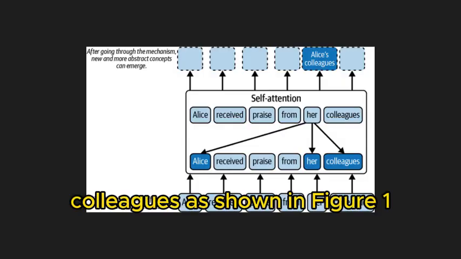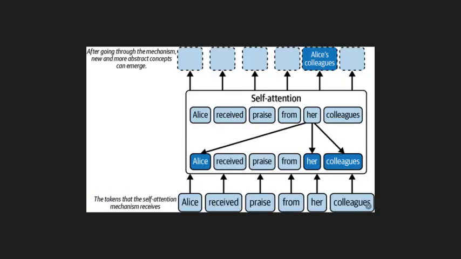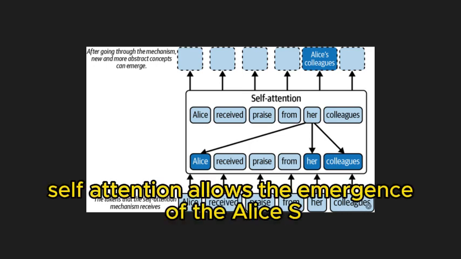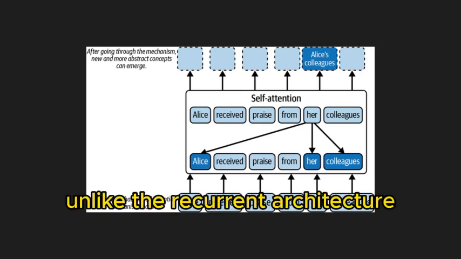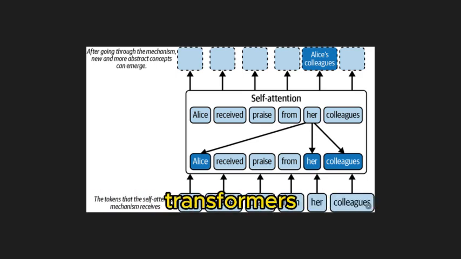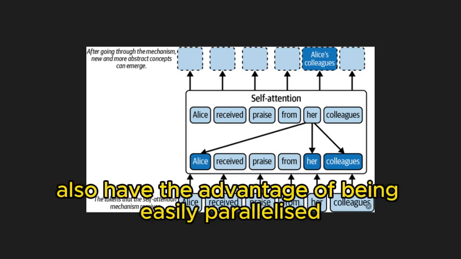Self-attention helps the model build new concepts from these words. In this example, one of the concepts that could emerge would be "Alice's colleagues," as shown in Figure 1-3. Figure 1-3. Self-attention allows the emergence of the "Alice's colleagues" concept. Unlike the recurrent architecture, transformers also have the advantage of being easily parallelized.